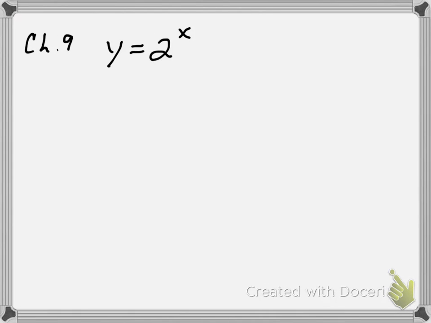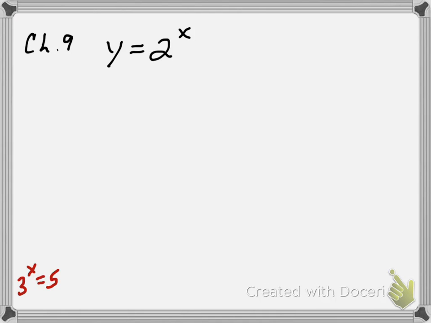In chapter 9, the variable will be in the exponent for the first time in your math career. By the end of the chapter, we will be able to answer the question, for example, 3 to what power is 5?